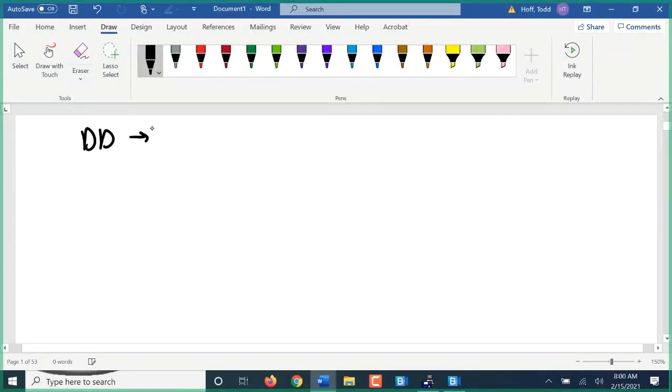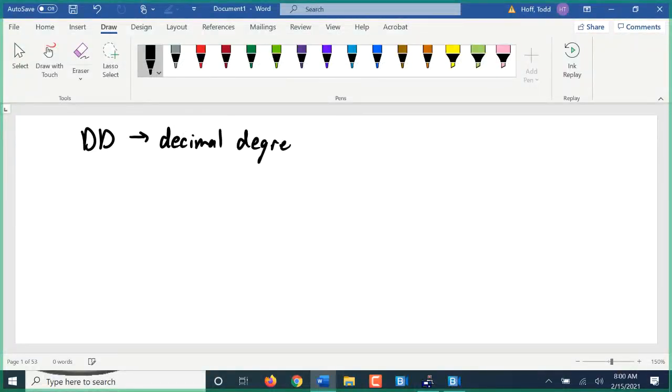DD stands for decimal degree. So we might have an angle like 23.4652 degrees. That is in decimal degrees.